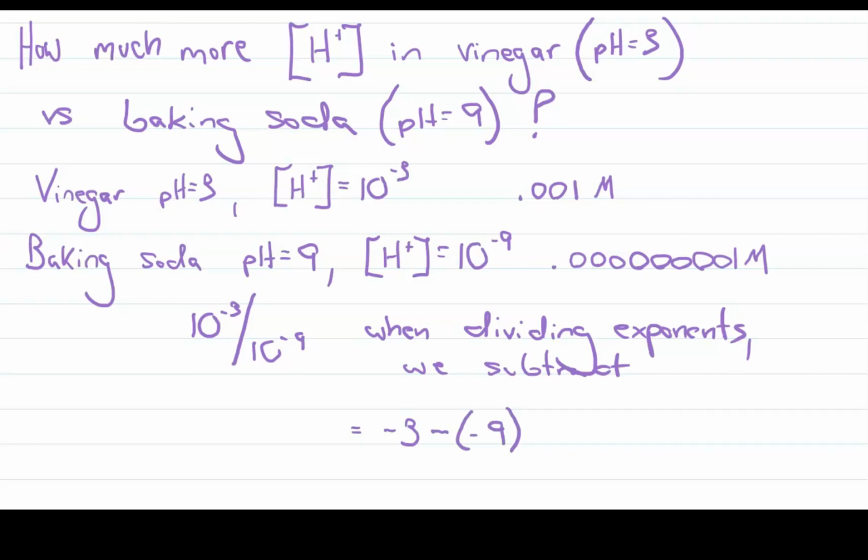Well, two negatives are going to make a positive, so that's going to equal minus 3 plus 9, which gives us 6. Okay, so the difference is 10 to the 6th, right? That's my total difference. Or 1,000,000, or 1 million times more concentrated.